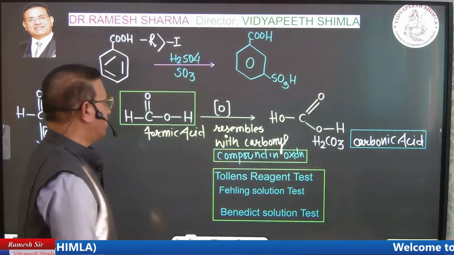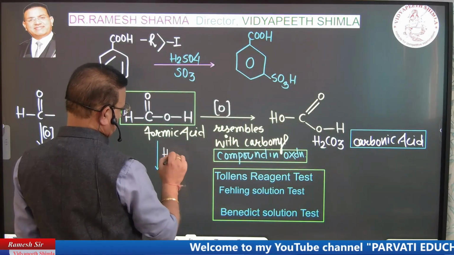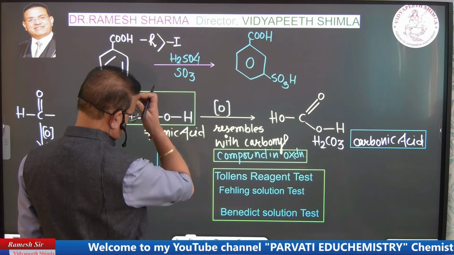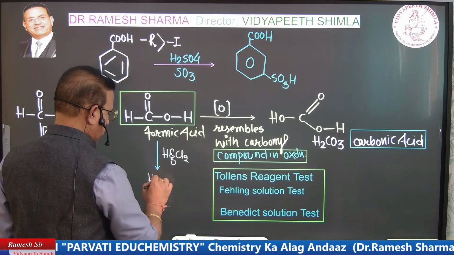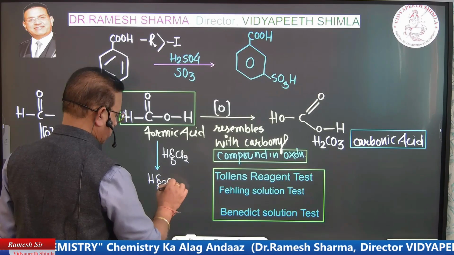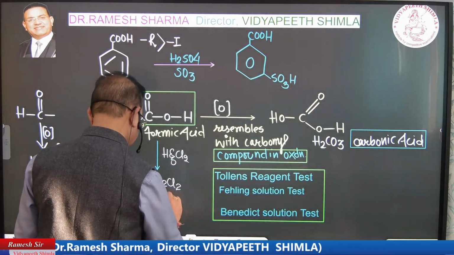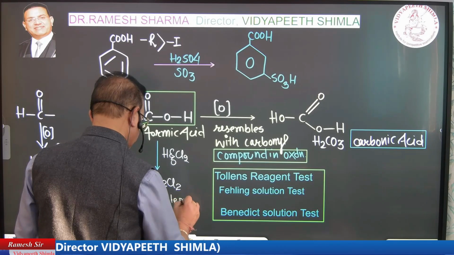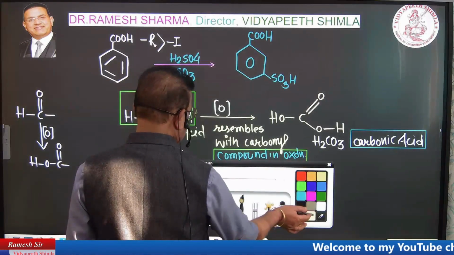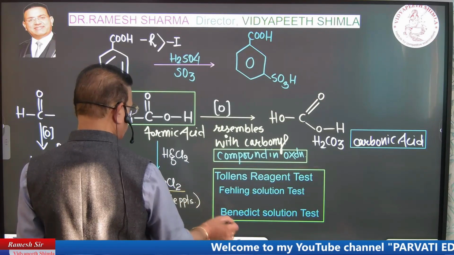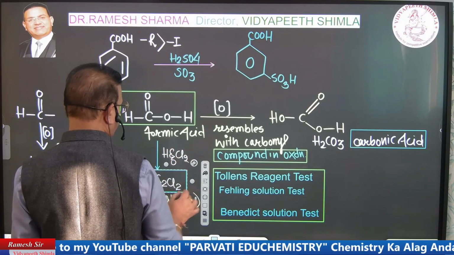Not only this, no other carboxylic acid, when treated with mercuric chloride, gets converted into white precipitates of mercurous chloride, and this reduction of mercuric to mercurous occurs due to oxidation of formic acid.